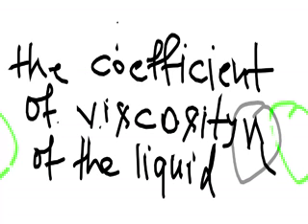So if any liquid applies a force on any solid object, that opposing force is called viscosity. I will teach that in the friction chapter, in properties of matter in the liquid state, in fluid mechanics.